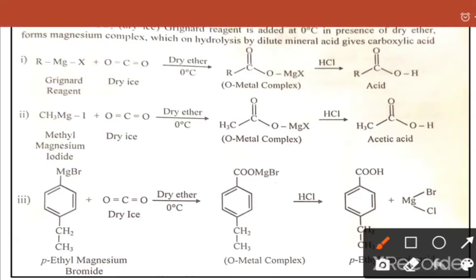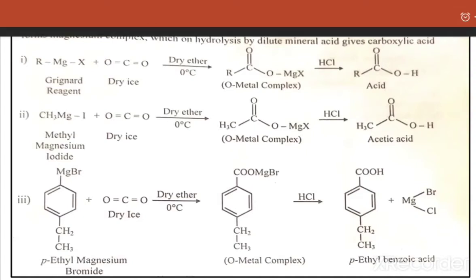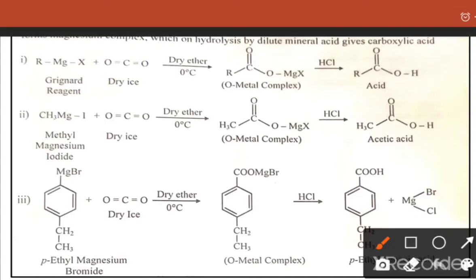Now here we take an actual example. CH3MgI, that means methyl magnesium iodide, plus dry ice at 0 degree Celsius.